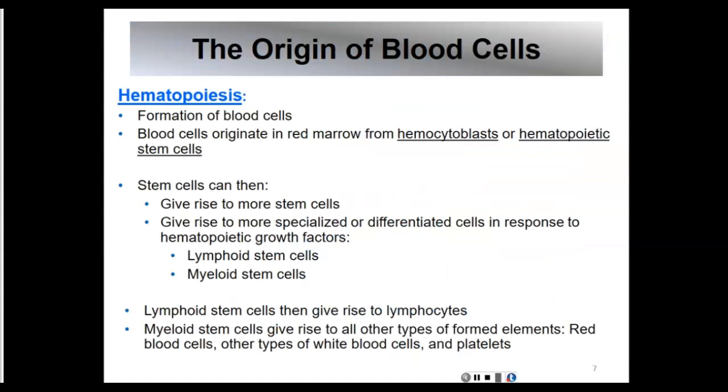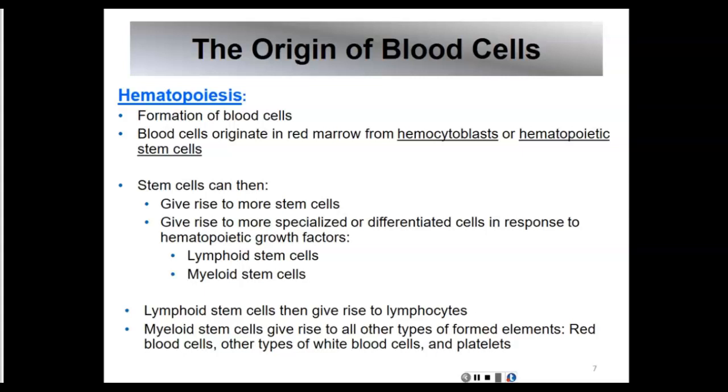The origin of blood cells comes from a word called hematopoiesis. This means formation of blood cells. Blood cells will originate in the red marrow from hemocytoblasts or hematopoietic stem cells.